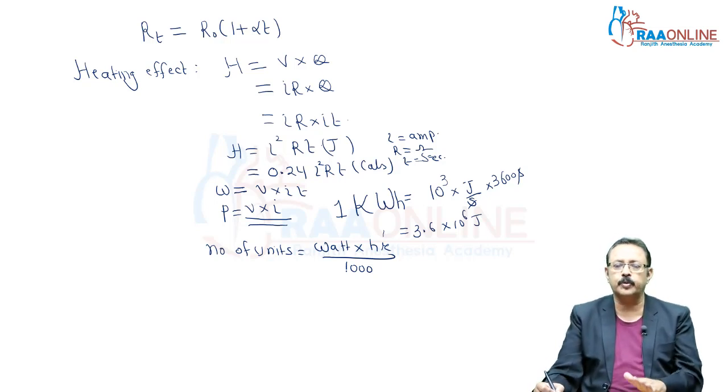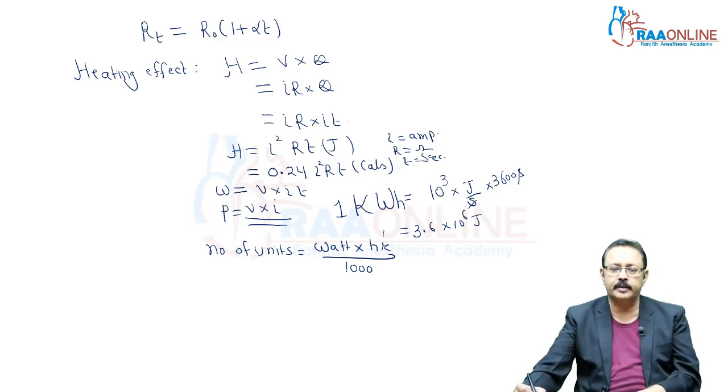It means, suppose in your city the rate of electricity is 10 rupees per unit and it is the month of April.